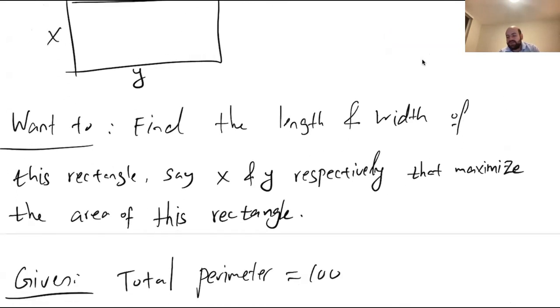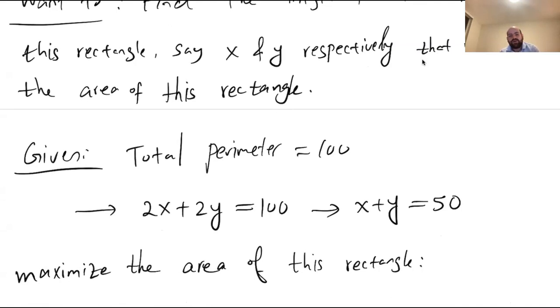Why will it be at most 50? Because I know that X plus Y equals 50, right? So the addition of X and Y is 50 and each of them is non-negative. So each one will be at most 50, because if X or Y is bigger than 50, then plus another number will still be bigger than 50, cannot be equal to 50. So if X plus Y is equal to 50, each of them must be at most 50.